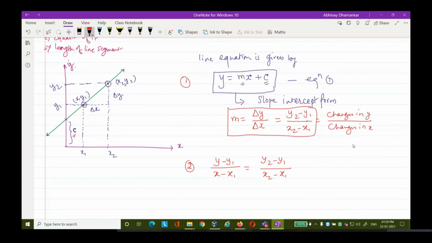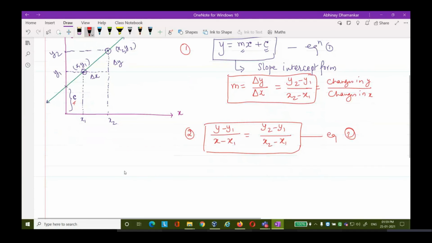This is another line equation formula, used when two endpoints are given. This is equation number 2.